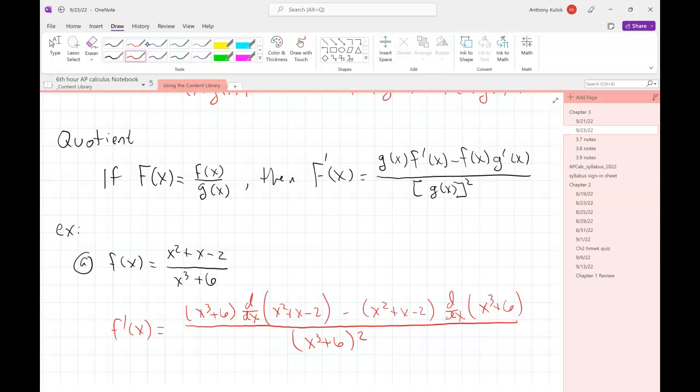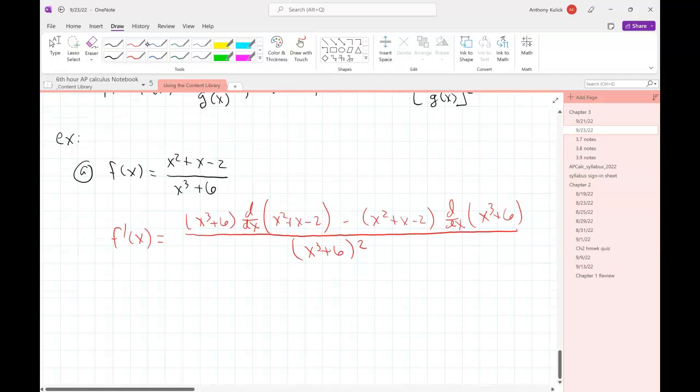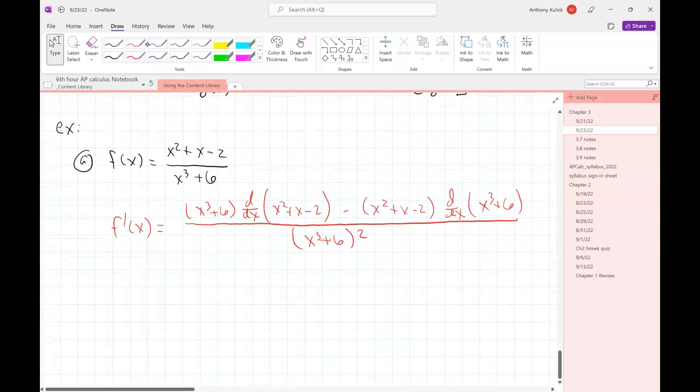So unless there's some obvious thing that I can cancel and simplify, like if I had the square root of x cubed plus 6 squared, sure, let's cancel the square root with the square. But if it's just a polynomial down there, I'm never going to touch that thing. Everybody's cool? The only time I would ever consider it is if I have a multiple choice question and all of the answers have foiled out denominators. Then I'd better FOIL this out just to make sure. But come on, people, that's probably not going to be the situation.